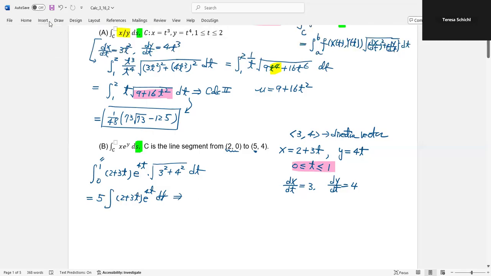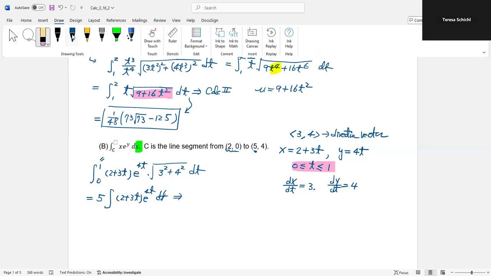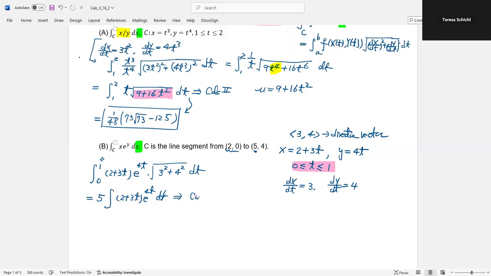methods again. So here we're going to use calculus 2. This is a polynomial and exponential combination, right? So what type of integration technique are we going to use here? We can do integration by parts.